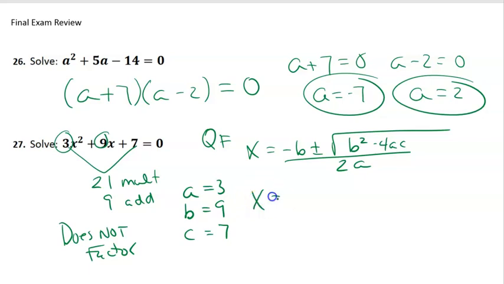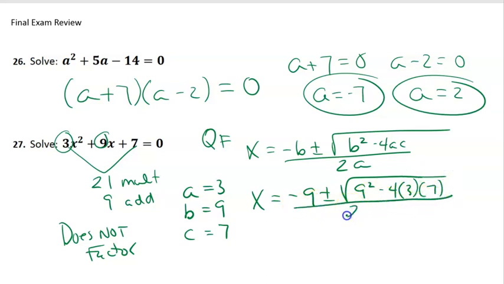So it's x is equal to negative 9 plus or minus the square root of 9 squared minus 4 times A is 3. C is 7. And this is all divided by 2 times 3. 2A, right? Accidentally wrote down C, so 2A. Now, you simplify under that square root first.